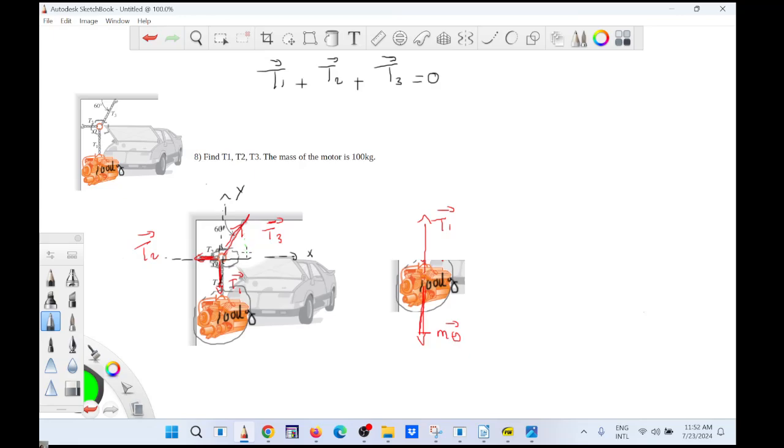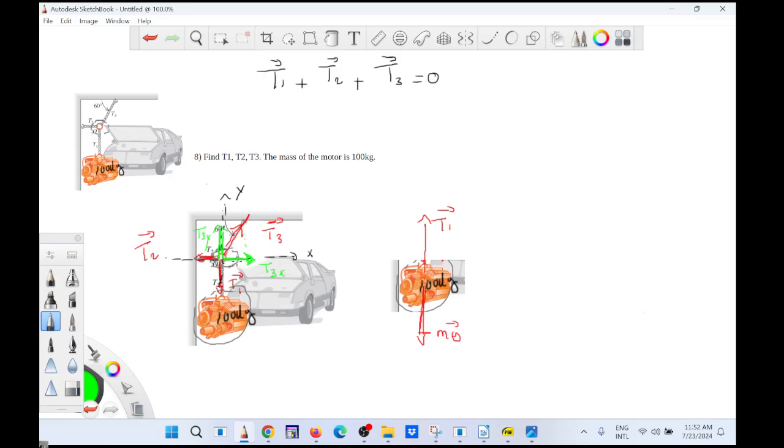So how much is T3 along the x-axis? That's going to be how much? So Tx. And then along the y-axis, you go from tail to head. So that's going to be the y component.